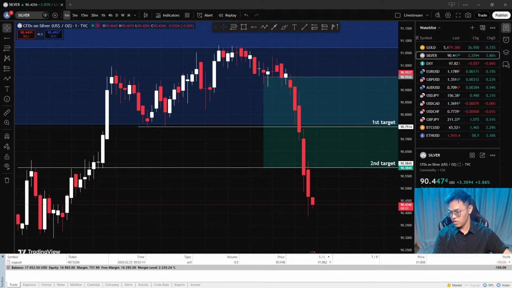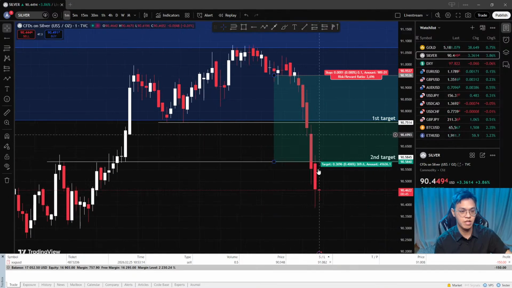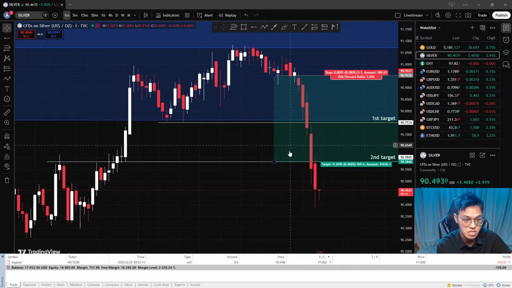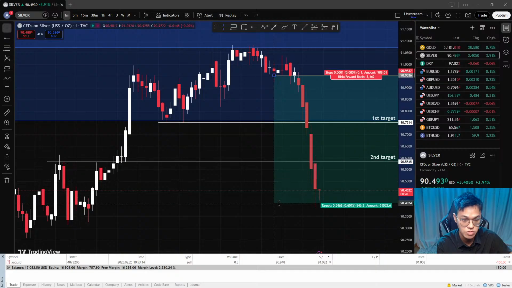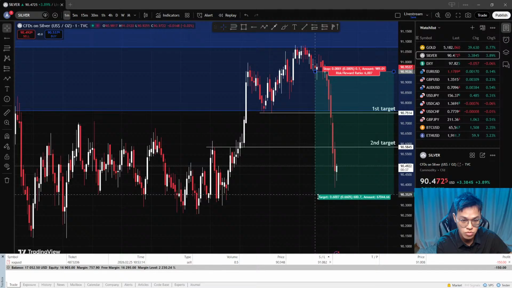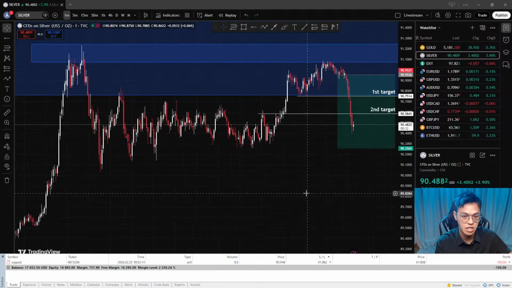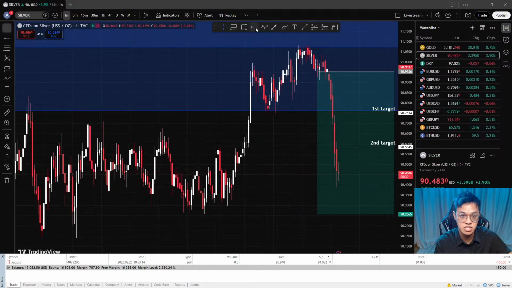Very nice. All right. So since the price hit my second target, what I will do is target this third level. My third target is here.